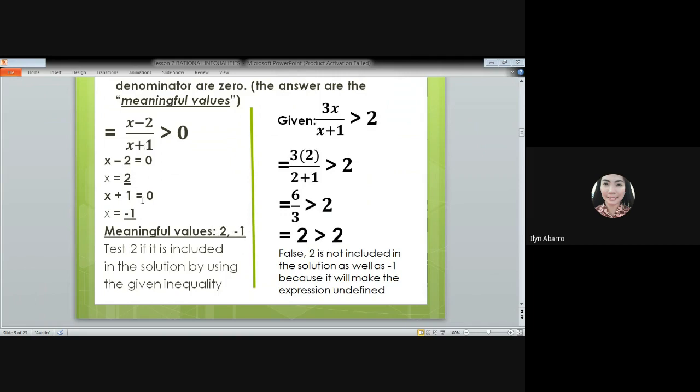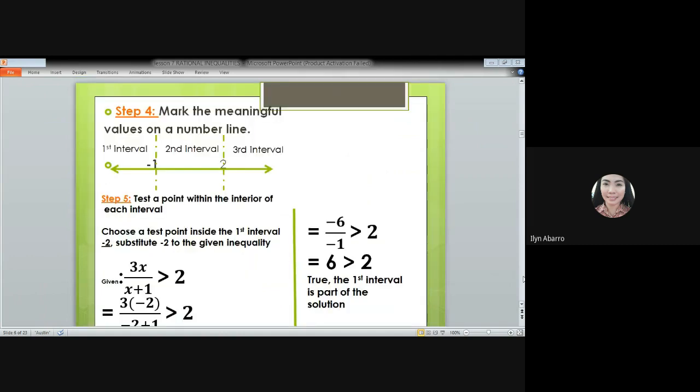So, laging hindi kasama yung magsi-zero out sa denominator kasi it will make your solution extraneous or undefined. So, what is our conclusion here? False. 2 is not included in the solution as well as -1 because it will make the expression undefined. Okay? 2 and -1 are not included in the solution, but we are going to use these as the basis of finding the solution.